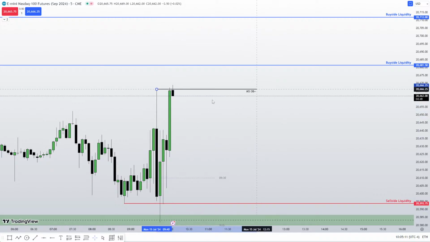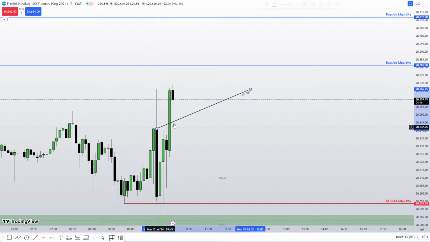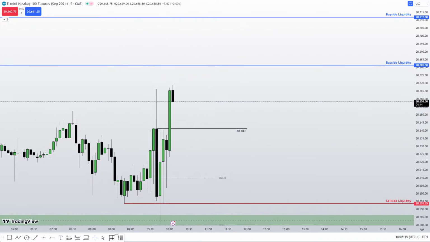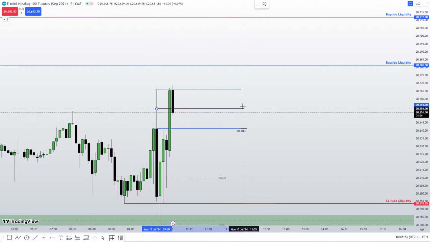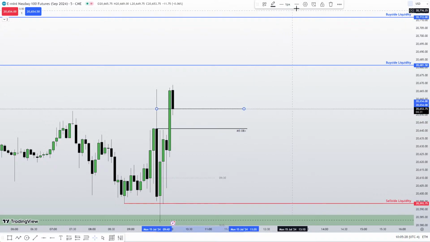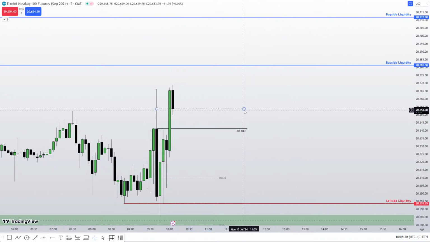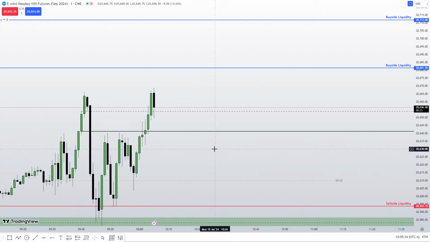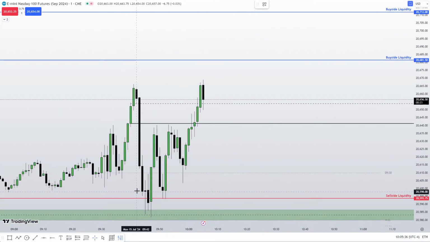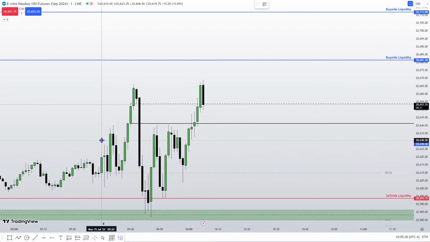Price has not yet closed above the wick, so let's just use this body, and also let's mark the wick CE. Just see the price action at this wick level. If I want to use my order flow drills, then we can mark from 9:30 to 9:45.